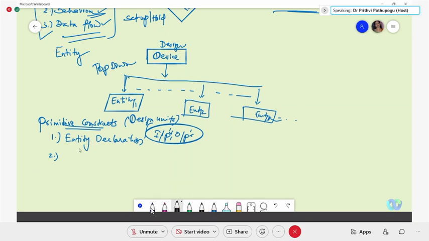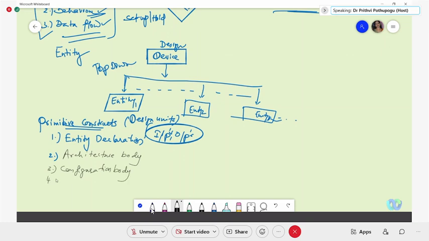The second is architecture body. The third one is configuration body.